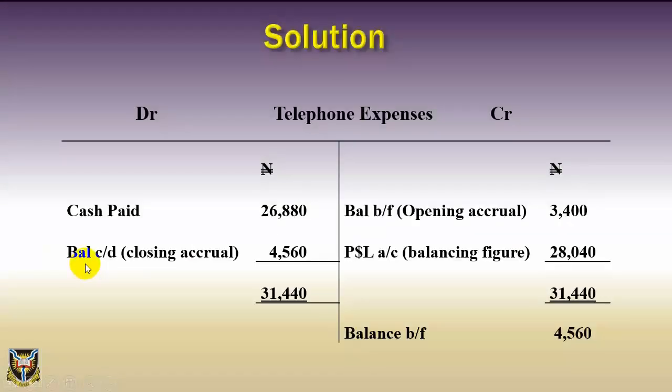Solution: telephone expenses. DR: cash paid 26,880. CR: balance B/F opening accrual 3,400. DR: balance C/D closing accrual 4,560.